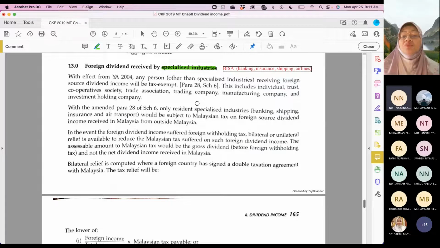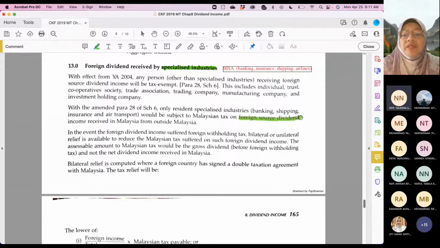But effective from 2004, any person other than specialized industry receiving foreign source dividend will be tax exempt. So remember that from 2004, any foreign income is exempted. But for BISA, wherever income is derived will be taxable. Only resident specialized industry, which is BISA, would be subject to Malaysian tax on foreign source dividend.